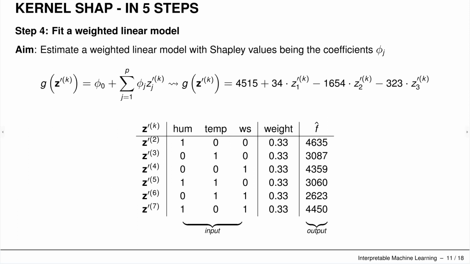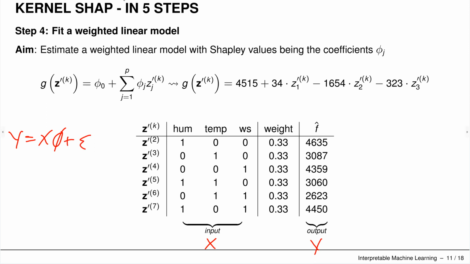So what we do is we take our Z matrix, that's X, and we take our prediction, that's Y, and now our linear regression model is Y is X times phi, where phi is our vector of Shapley values, and we have an error term.